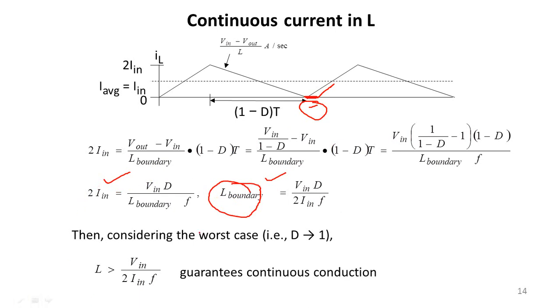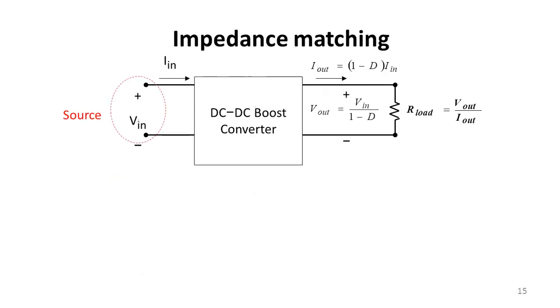There are conditions like L greater than V in divided by 2 I in F. This particular boost converter equation will always guarantee continuous operation. Please make sure the L value is always within the boundary limit, and your designed value does not go beyond this particular value. And finally, you have to use maximum values and minimum values.